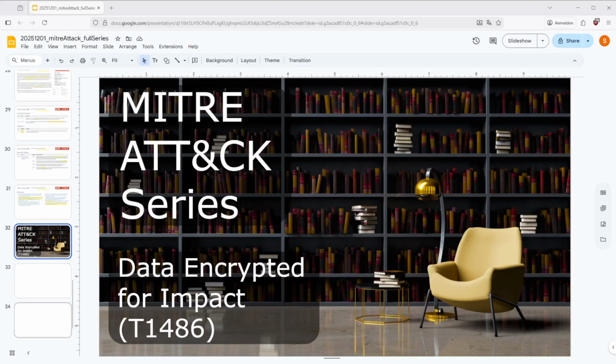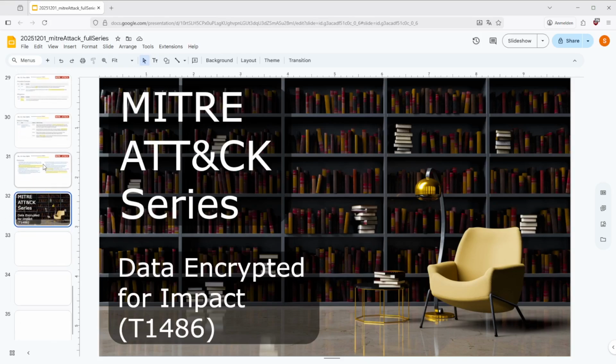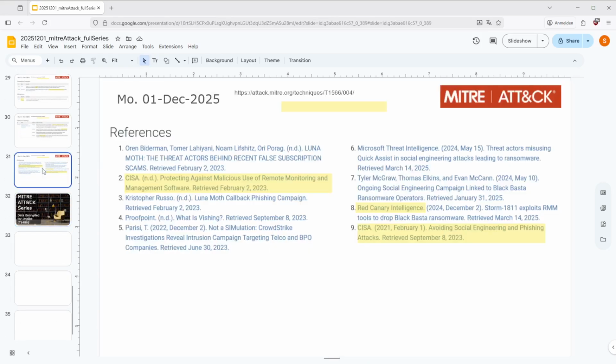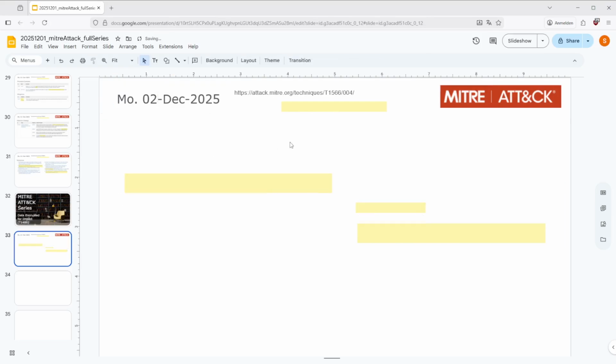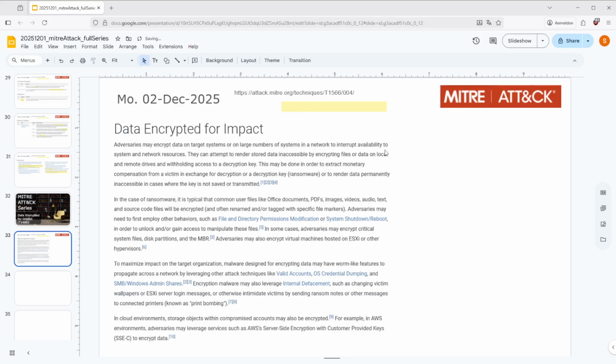So let's switch over to the editing mode. I will copy this slide from last time, and today is the 2nd December, and this is alright, we just need to change the source in a moment. So as usual, let's just copy the text. We don't have any sub-techniques here.